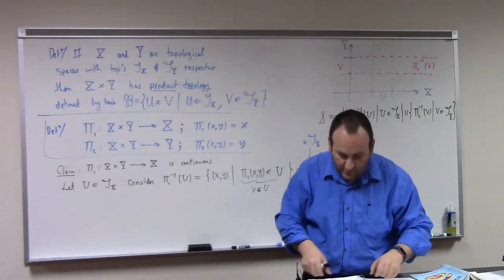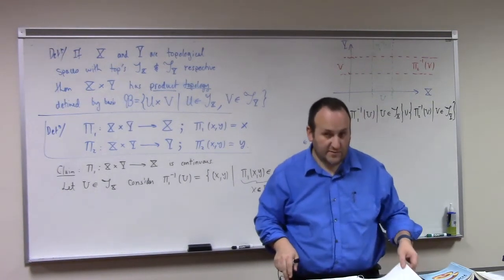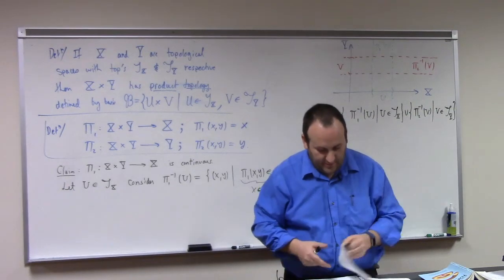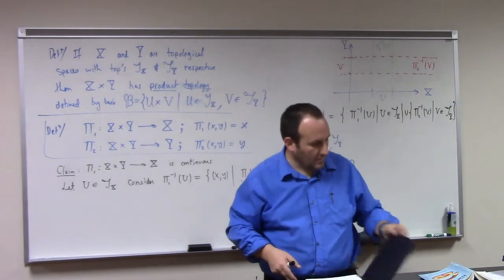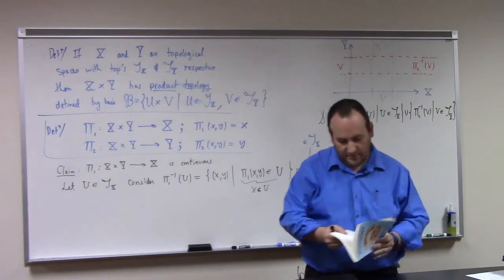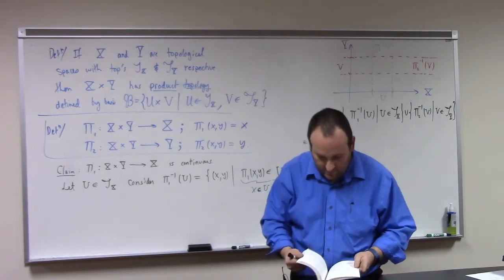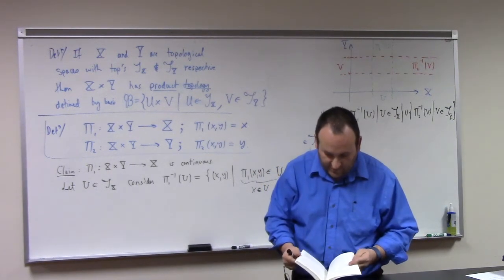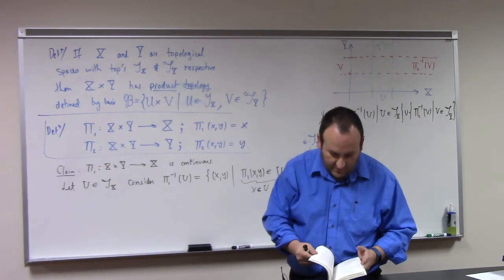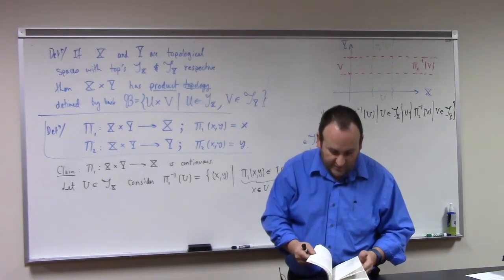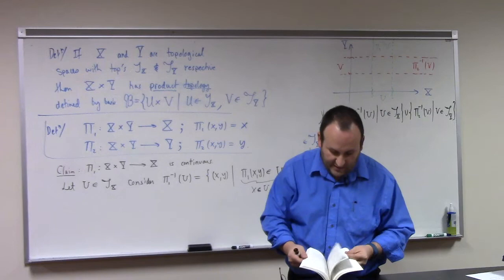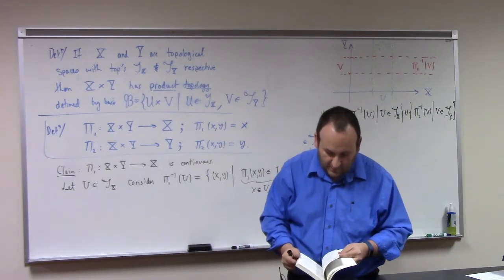Now, what I want to do now is change gears a bit. I have said some words about basis for topology. There's a section on separation axioms and compactness and connectedness.